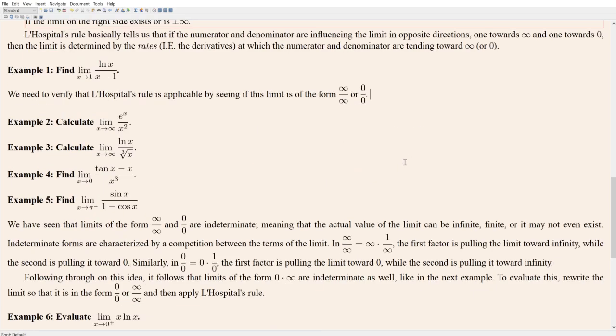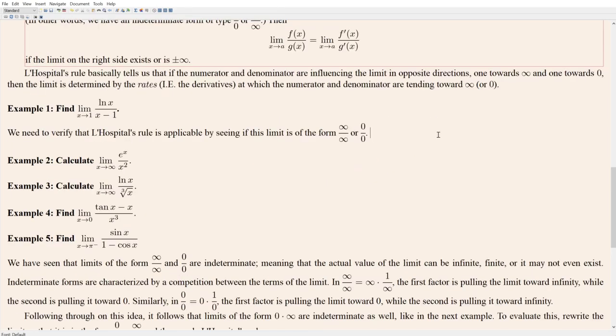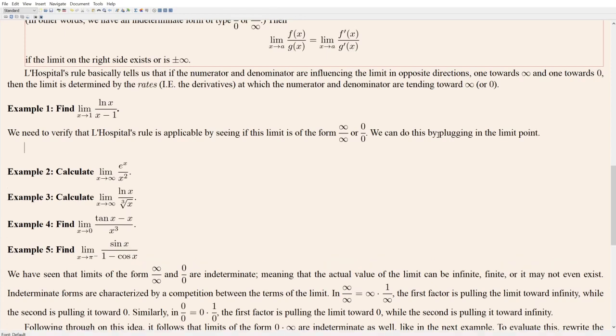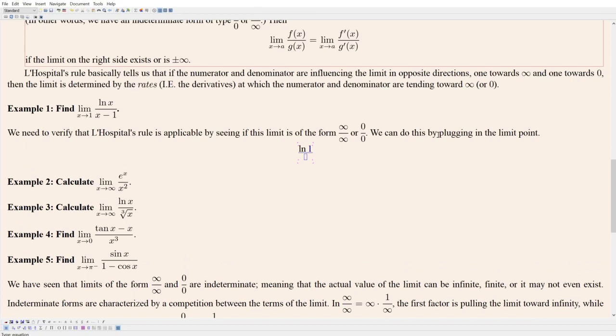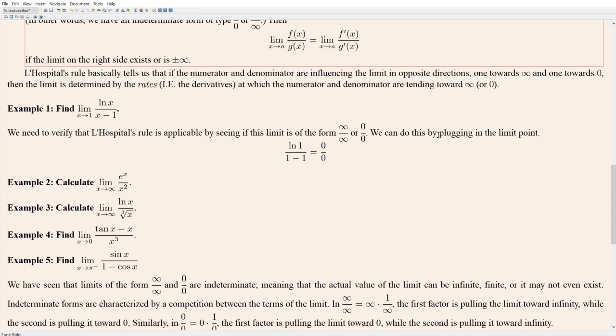Right, L'Hopital's rule only works if that is the case. So let's go ahead and naively plug in the limit point. In this case, the limit point is x equals 1. So log 1 over 1 minus 1. Well, indeed, log of 1 is 0, 1 minus 1 is also 0. So we get 0 over 0. So L'Hopital's rule is applicable.